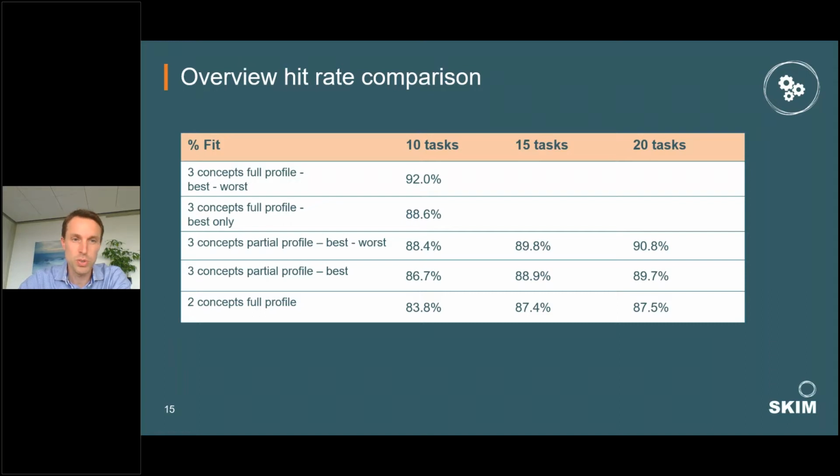For the bottom one, 2 concepts full profile, you gain 0.1%. So why let respondents go through more than 15 tasks? Probably it's not worth their time. So here we conclude, okay, if we do this in real life, let's just use 15 tasks for the bottom 3, and maybe only even 10 tasks for the top 2.